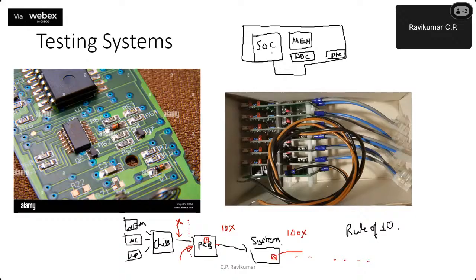The systems are typically used in rather harsh conditions, right? If this system is possibly used maybe in a very hot environment or a very cold environment, it may be fitted in a vehicle which is constantly moving and subject to a lot of vibrations.